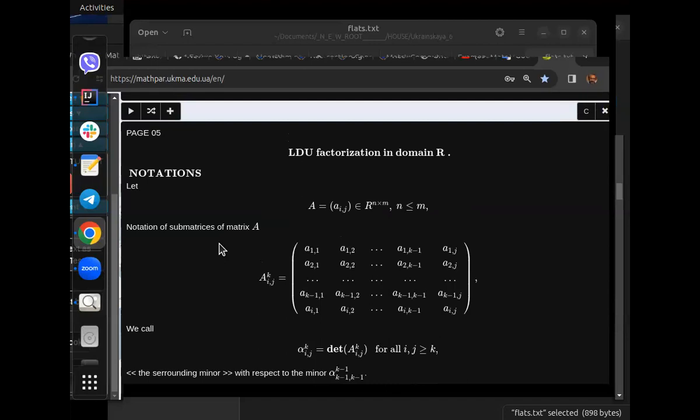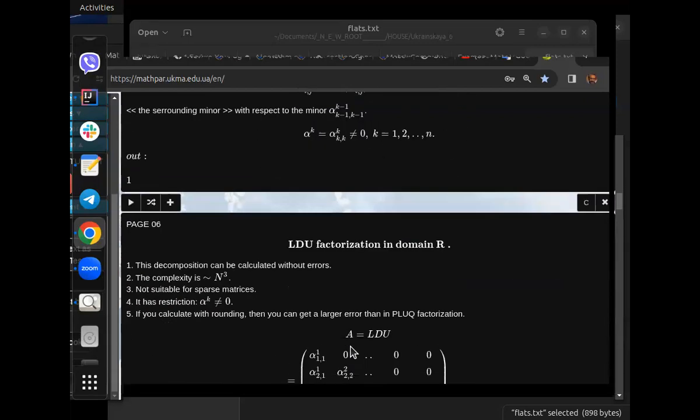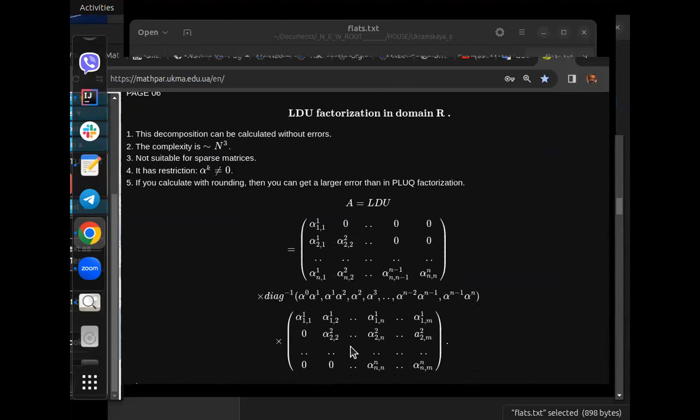What is important for the first LDU algorithm is that we take the case when all the corner minors of the initial matrix, where A_kk is the upper left corner minor of size k by k, are not equal to 0. In this case, we can do such a factorization.